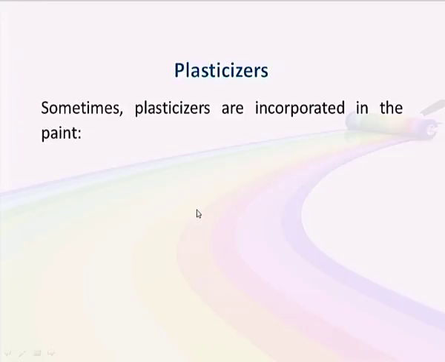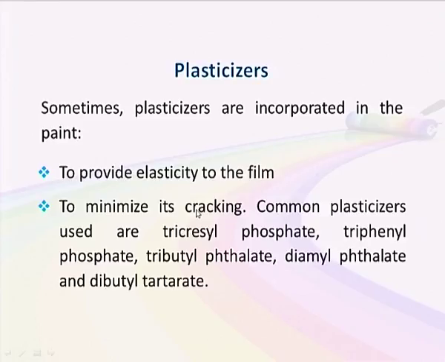Plasticizers. They are sometimes incorporated in the paint to provide elasticity to the film. Since they provide elasticity, they minimize cracking of the film. Common plasticizers used are tricresyl phosphate, triphenyl phosphate, tributyl phthalate, diamyl phthalate and dibutyl tartrate.